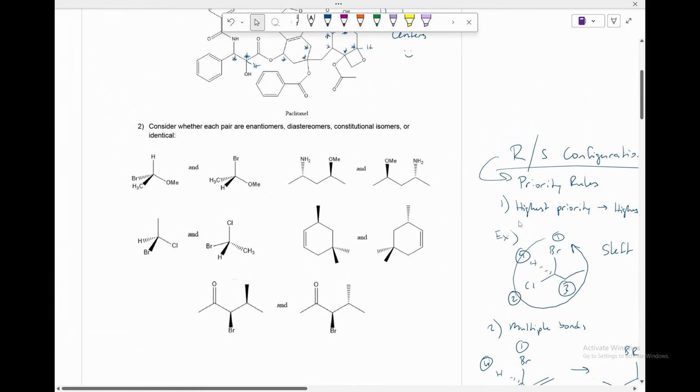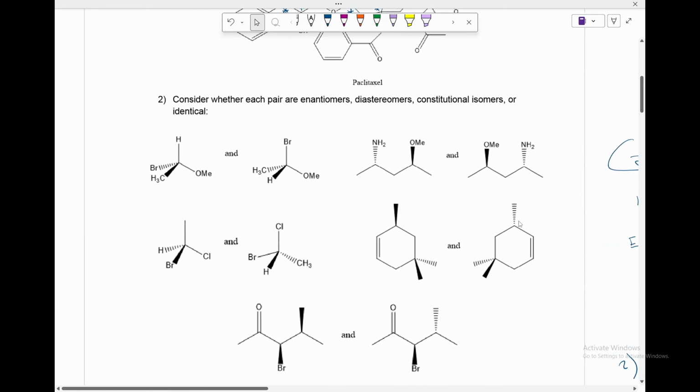So let's look at these questions here. I'm only going to do a few of them with you. So, number one here, I can see that this hydrogen is in the plane, so I have to swap with whatever is out and behind the plane. So I'm going to swap these two. And so if this is a bromine, and this is a hydrogen, I can assign like so. Bromine to methoxy to methyl, 1, 2 to 3.